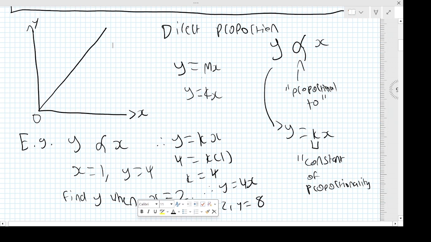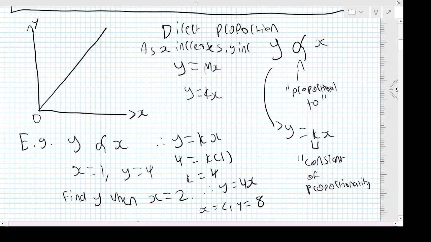That's a proportion relationship there. So basically, as x increases, y increases, okay? And that's the whole idea of direct proportion. As x increases, that means y also goes up and increases as well, okay?